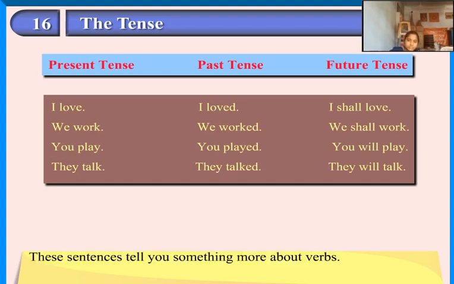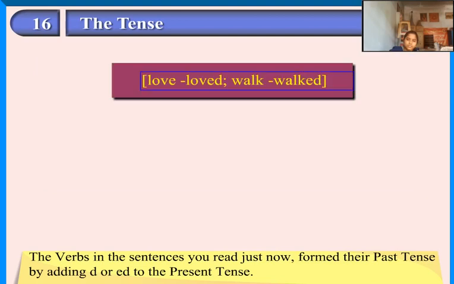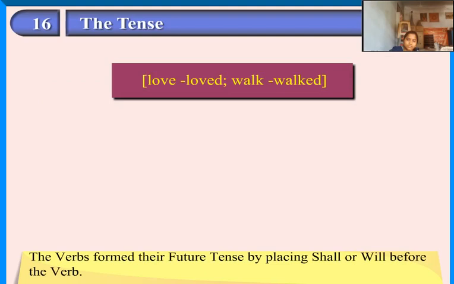These sentences tell you something more about verbs. The verbs in the sentences you read just now form their past tense by adding d or ed to the present tense. Love, loved, walk, walked. The verbs form their future tense by placing shall or will before the verb.